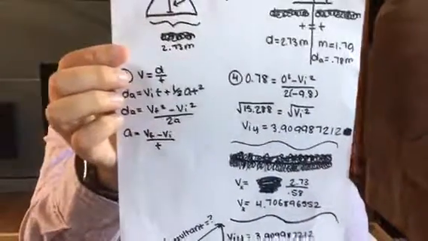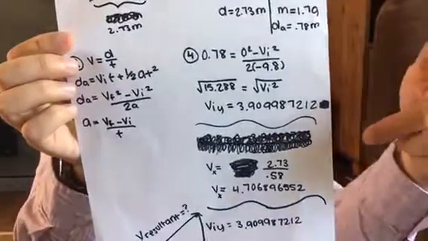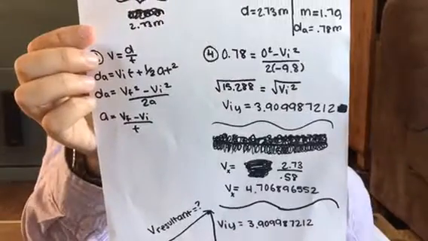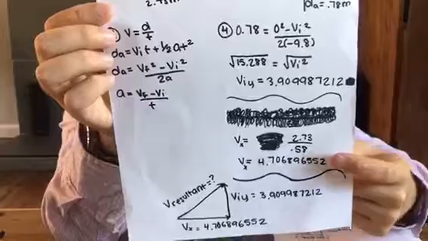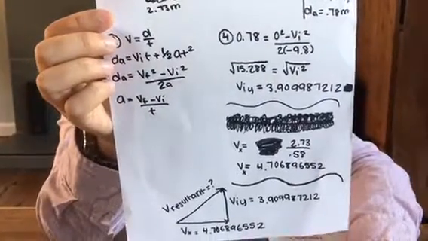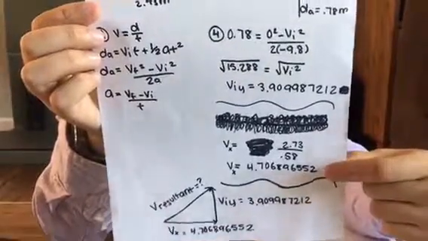In order to find the horizontal velocity, we used the equation velocity equals distance over time, since the horizontal velocity is constant. After calculating, we got the horizontal velocity to be 4.70 meters per second.